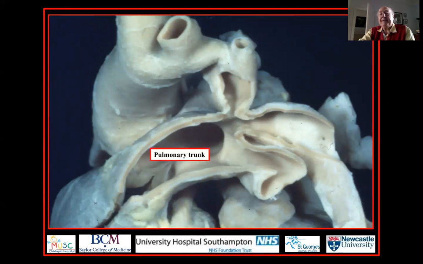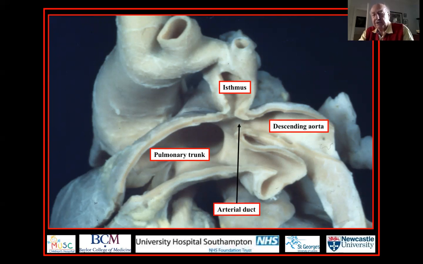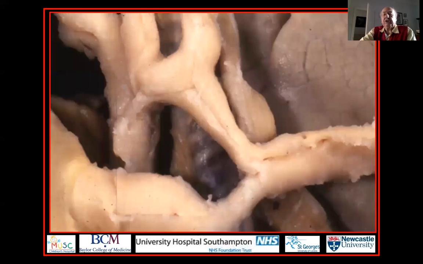It is a narrowing. What you see is the pulmonary trunk meeting the isthmus, continuing as the arterial duct into the descending aorta. And here we have that narrowing, that coarctation at the union between the isthmus, the arterial duct, and the descending aorta. So it is this narrowing that we identify as the coarctation lesion.